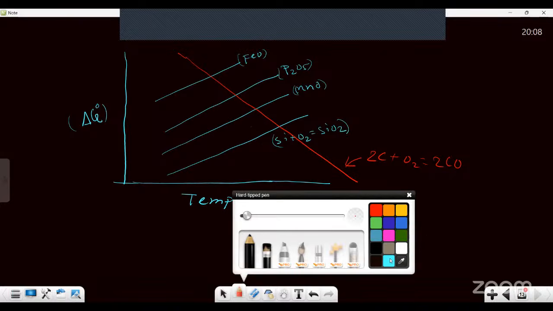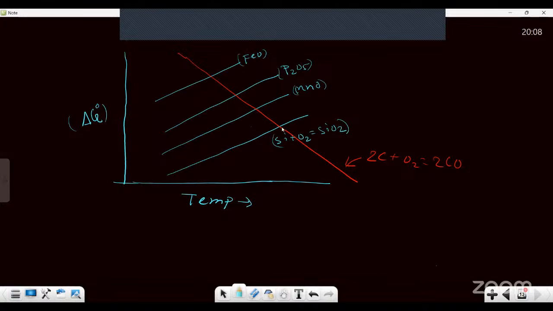Now what happens when the temperature is higher? Suppose this is the temperature at which the carbon to CO line is cutting the SiO2 line, and this temperature is basically 1200 degrees Celsius.